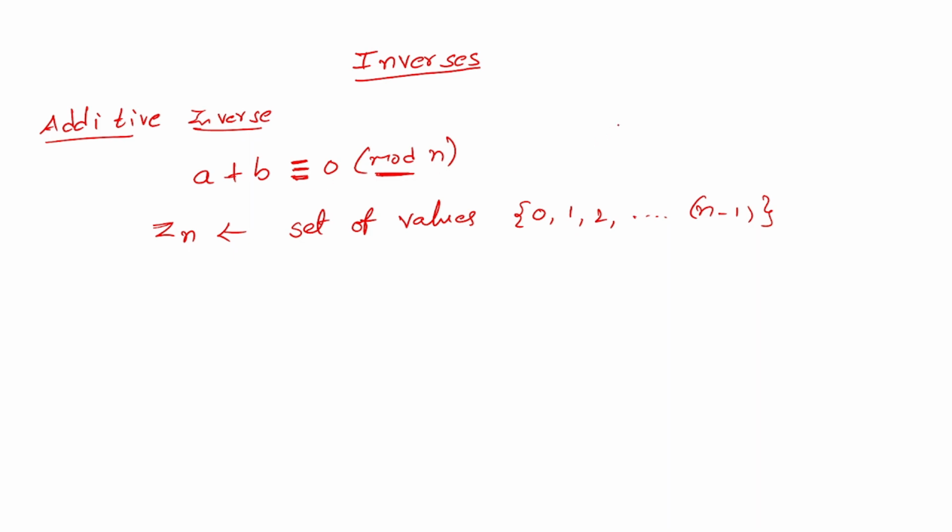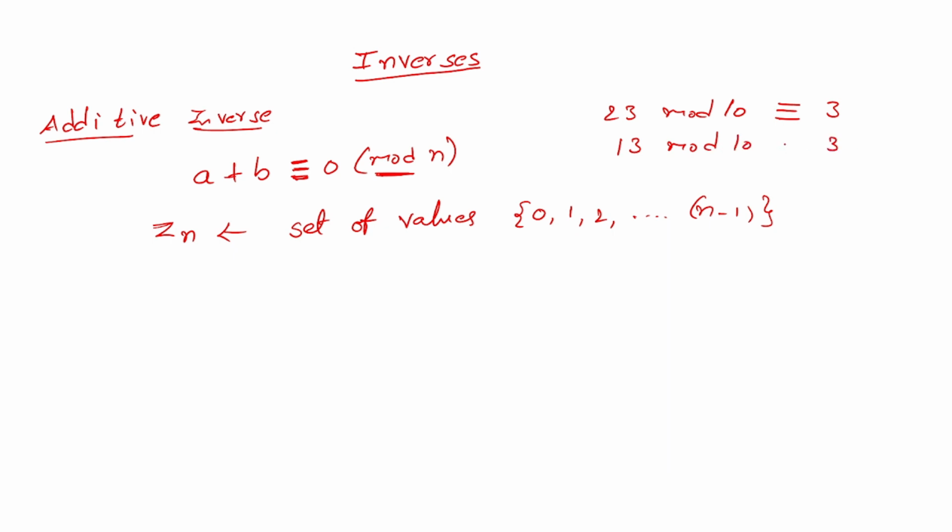For example, 23 mod 10. What is this value? We will get 3, which is congruent to 3. 23 mod 10 is congruent to 3. At the same time, 13 mod 10 is also 3.